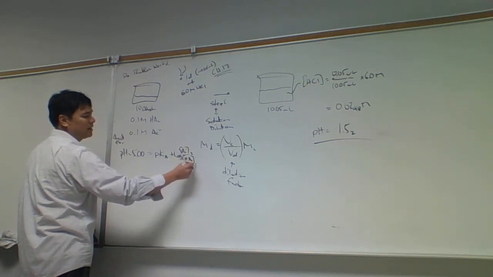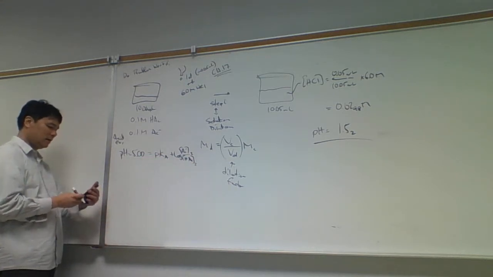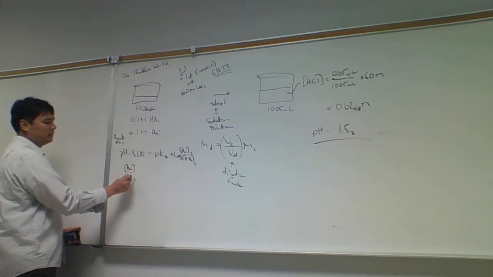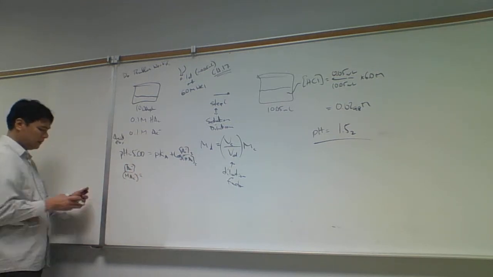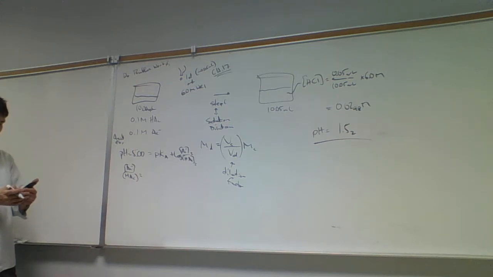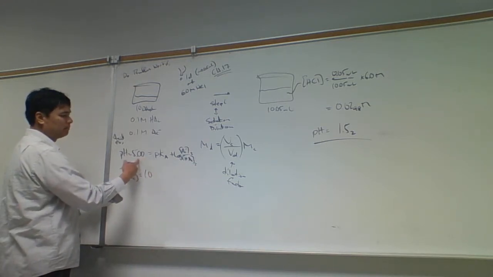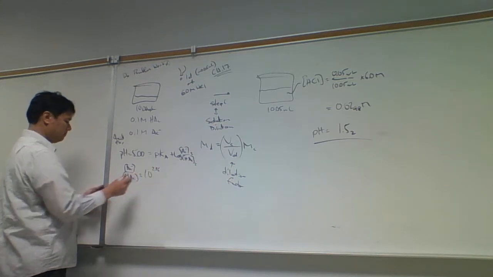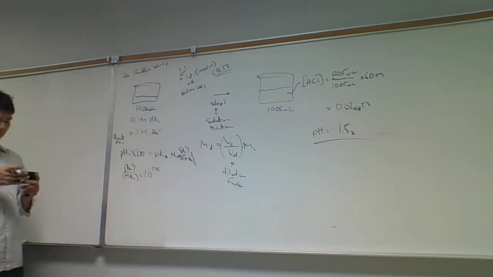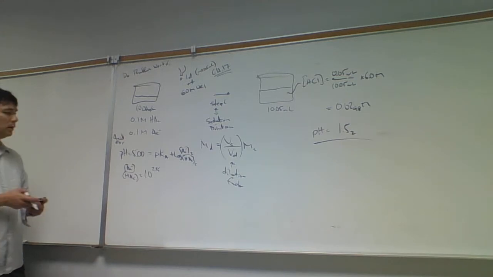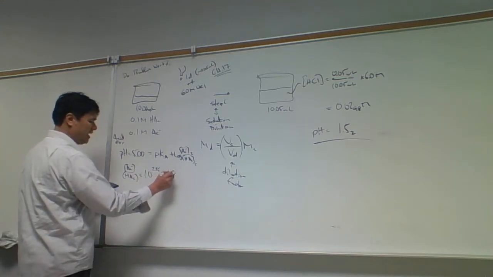So 5 minus 4.744 equals 0.256, and then take the anti-log of that. Anti-log, here it is. And so I just need a ratio of 1.80.